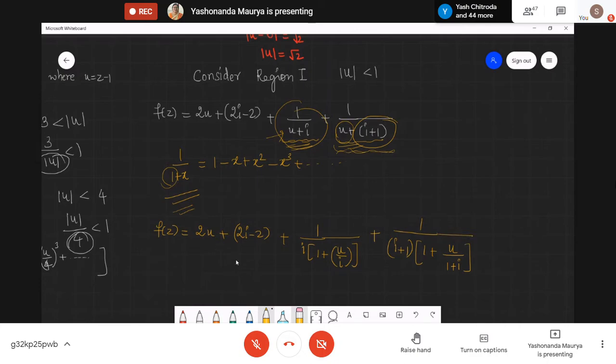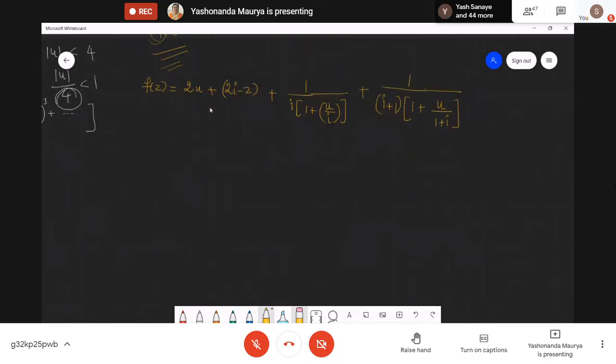Okay, so now we can simplify these things. It will be 2u plus 2i minus 2, times 1 by i. Expansion of this: 1 minus u by i plus u by i whole square minus u by i whole cube and so on.